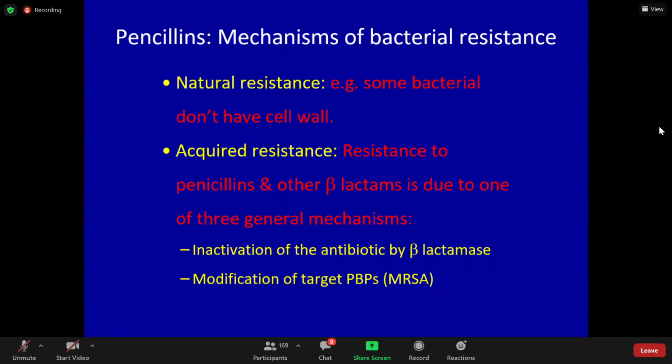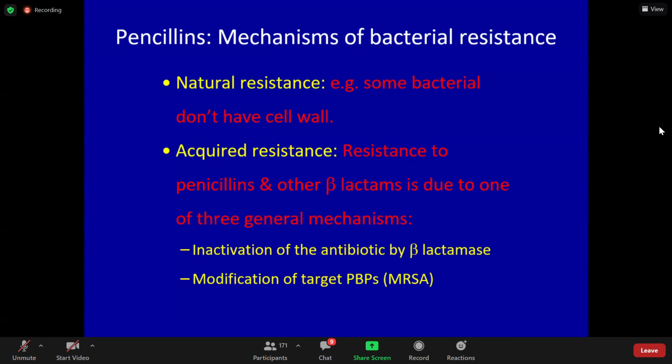There is no seat. The seat is changed. The PBPs, the transpeptidase enzyme, do not provide a binding site for the beta-lactam antibiotics. It does not bind with the receptor. Is this concept clear? The second attribute is gone. The drug is active, it reaches there, but can't bind with the enzyme.